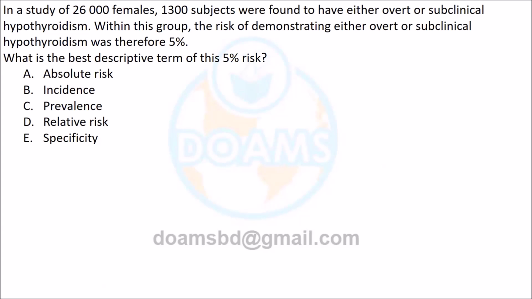Now try to understand. Is it any new happening or already they are having? Already they have it. So this 5% is not a new happening, so what will be the answer? Prevalence. Now clear difference of incidence and prevalence? Yes, sir.